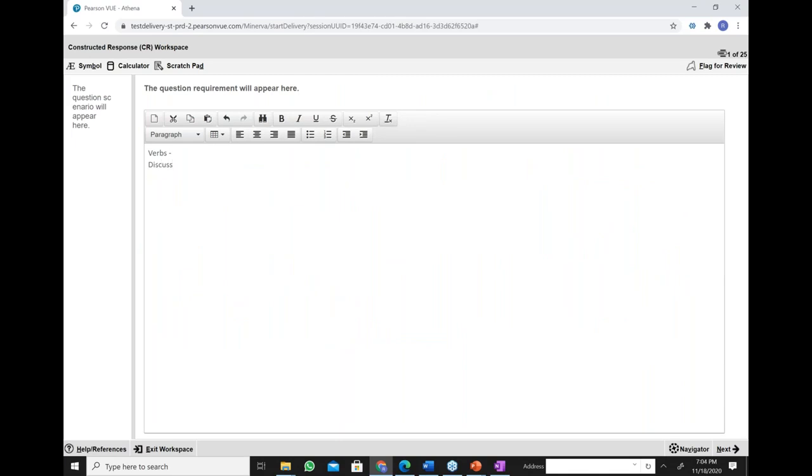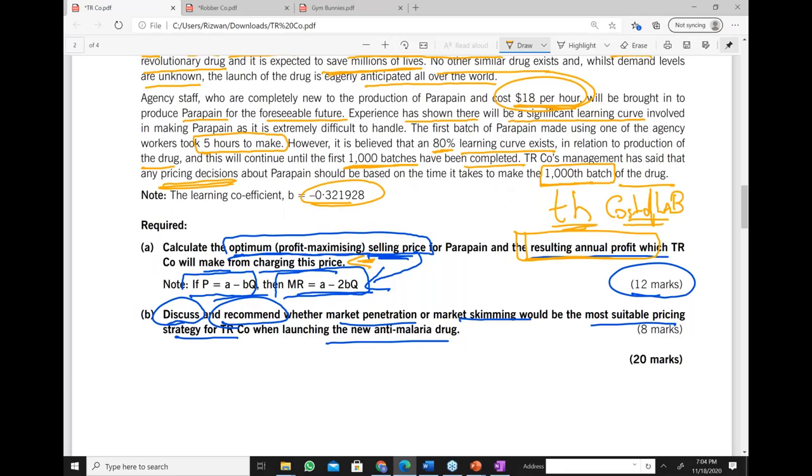Discuss and recommend. You can even write in your paper to plan your answer. No harm, you can plan your answer by writing these short things. Discuss and recommend, 2 verbs, right? Whether market penetration or skimming would be the most suitable pricing strategy for TR when launching the new anti-malaria drug.